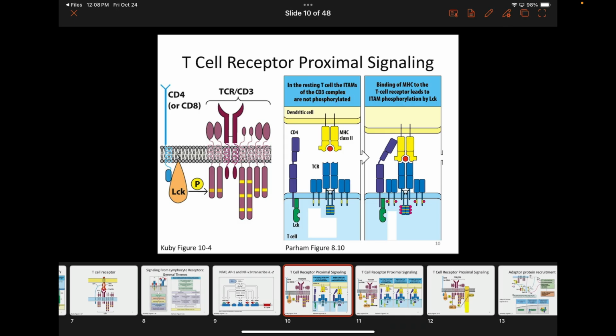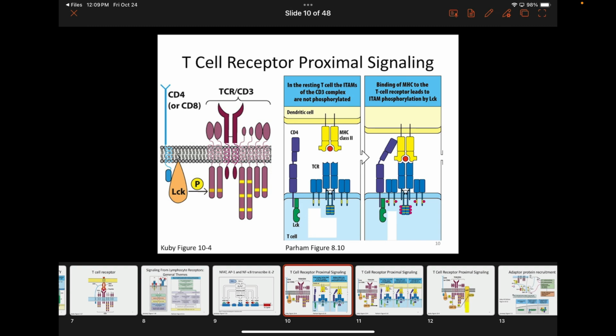And if MHC plus peptide comes around, now that MHC plus peptide is going to bind to the T cell receptor. It's also going to bind to CD4 or CD8. And so these two things that were originally far apart are going to get pulled close together. Their extracellular domains are getting pulled close together. Here you can see how close together they are pulled. I wouldn't draw this exactly like this, but I also can't draw, so who am I to judge?